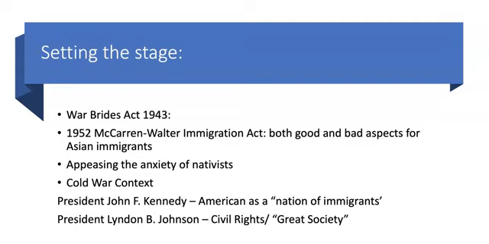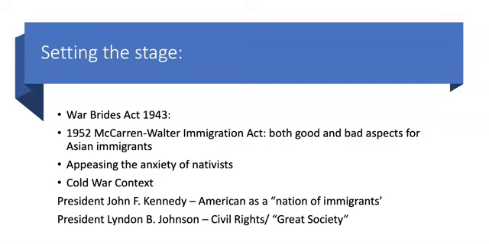There's going to be a drastic difference between the pre-1965 United States, in terms of ethnic variation, as opposed to post-1965. But again, we're talking about Asian American history, so we'll keep it focused on Asian American immigration.